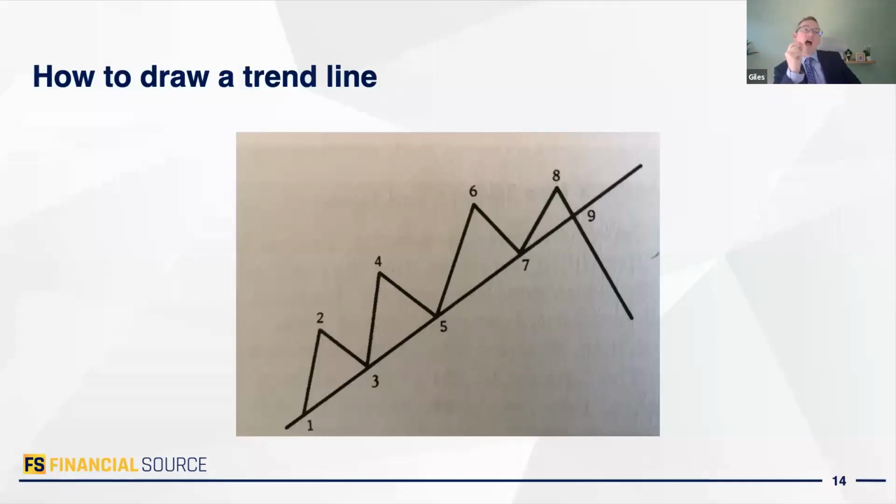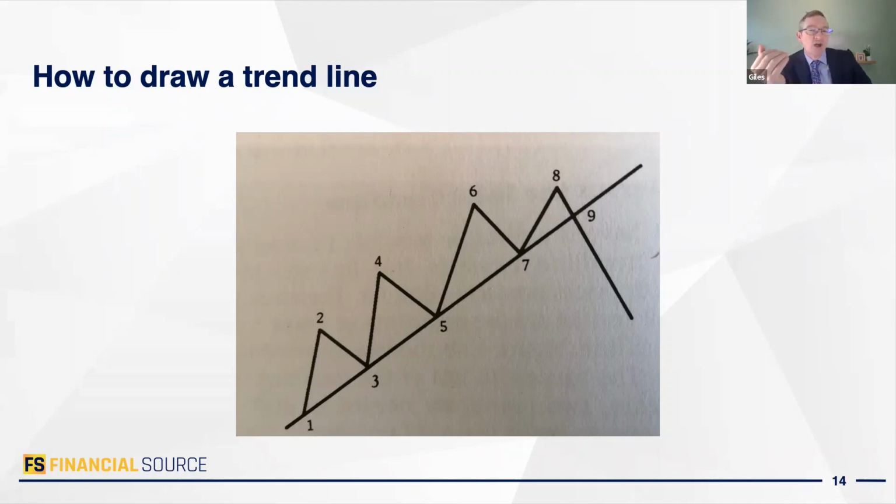Other people would say, no, a trend line at 3 can only be drawn once price has moved back through the previous high at 2. Which one you choose is really up to you.